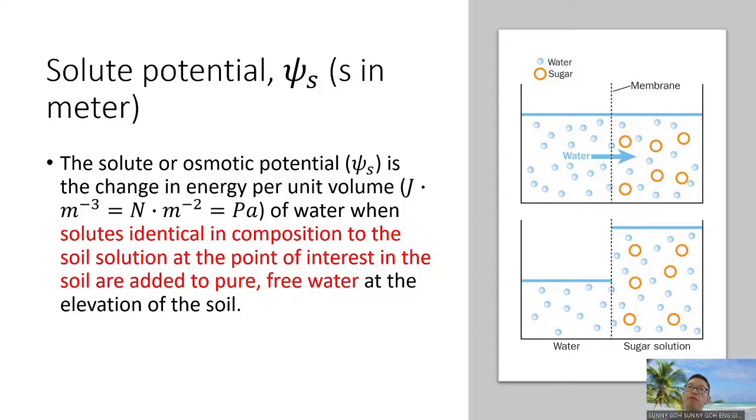So this can be viewed as when the water in the soil is free from any solute, and then you take the solute and place it into the soil at the elevation that we're talking about, then you change the potential of the water, and the potential change in the water is what you call the solute potential or osmotic potential.